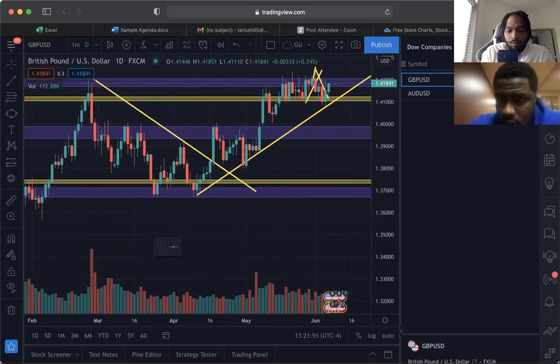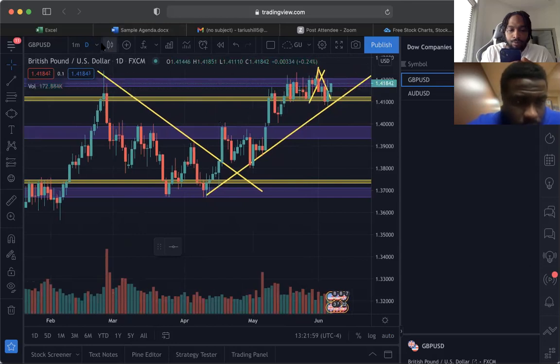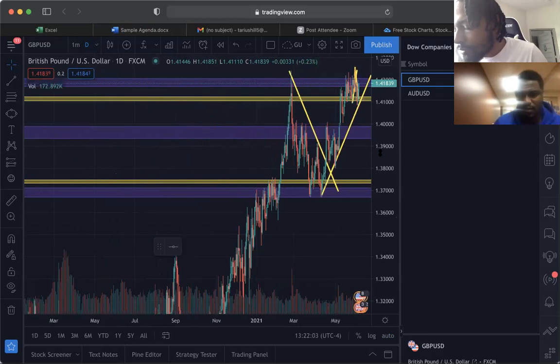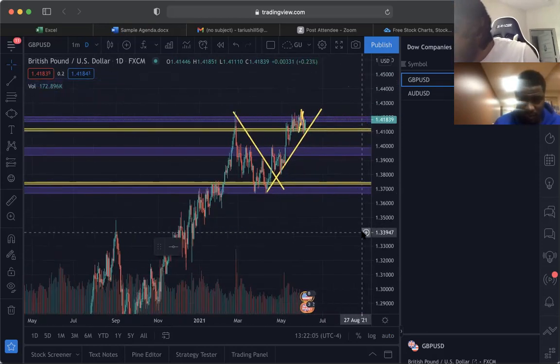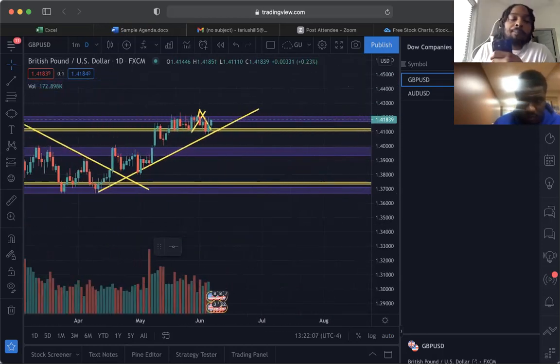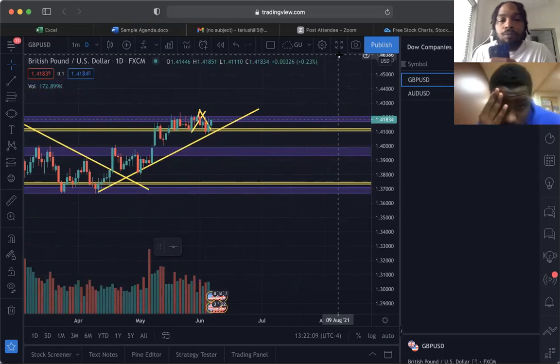Shit, what does that say? But yeah, this is what I got for GU. Now I gotta pull up my AU chart too.